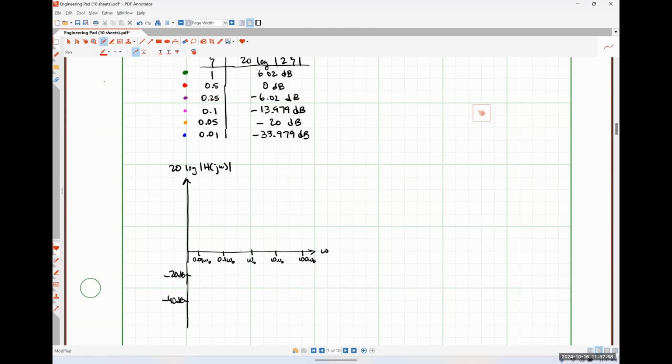So with a zeta value of 0.5, we don't shift it literally at all. So we would have something as simple as it's at 0 dB until omega naught, and then it's decaying at a slope of negative 40 dB per decade, which would look like this. Easy enough, right?